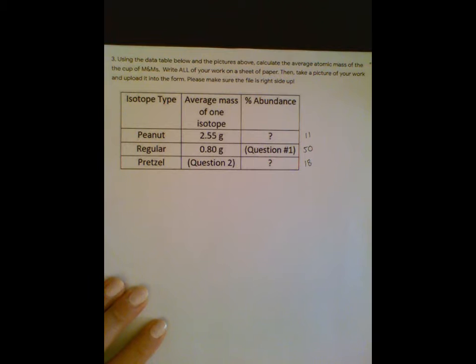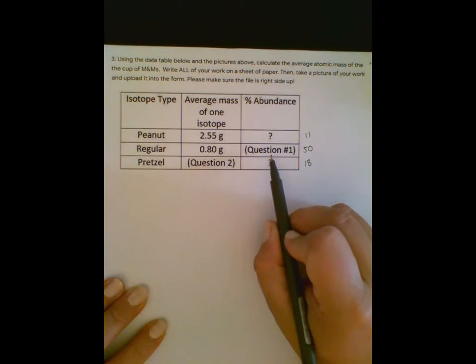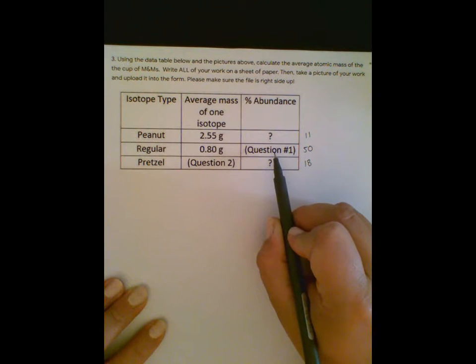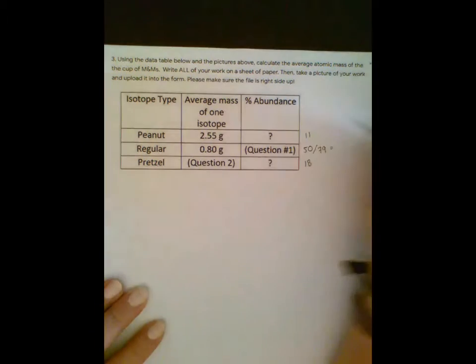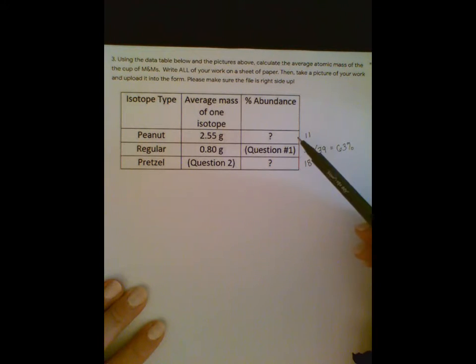Okay? So in question number 1, you should have found that the percent abundance of regular M&Ms was 50 over the total, which is 79, which gives you a percent abundance of 63%. Okay? You will need to find the percent abundance for both the peanut and the pretzel.